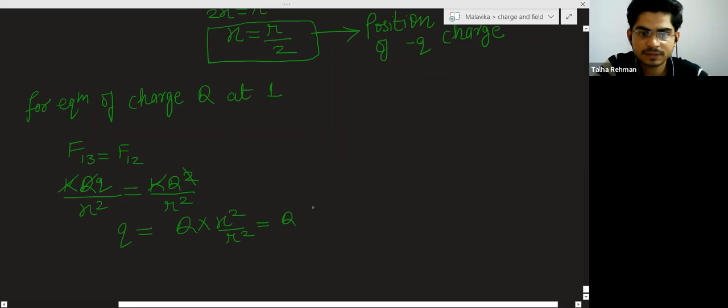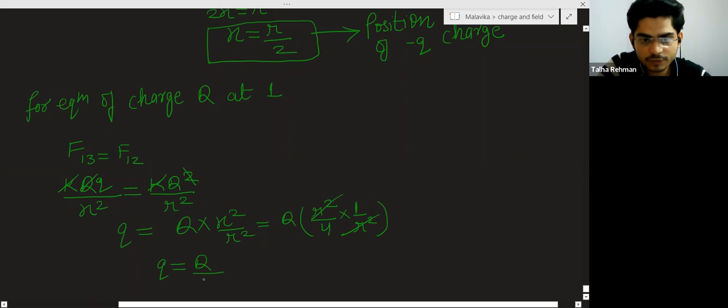I can write X is equal to R by 2 means X square can be written as R square by 4, and here is another R square, and R square cancel. So we will get the magnitude of charge as Q by 4.